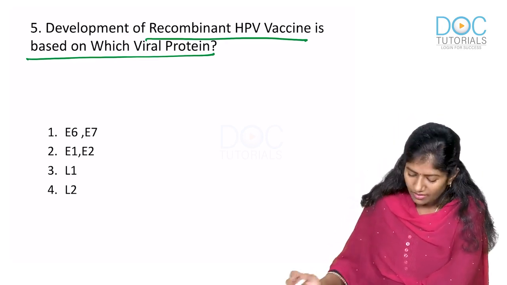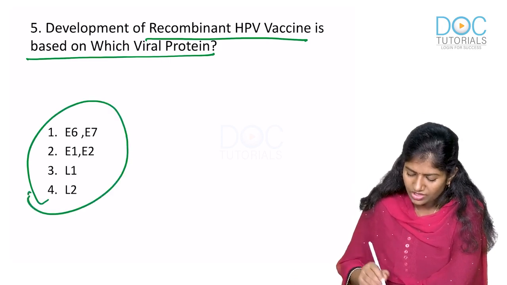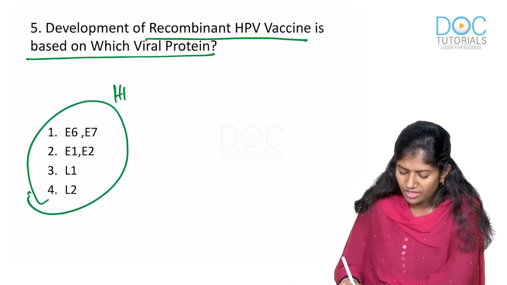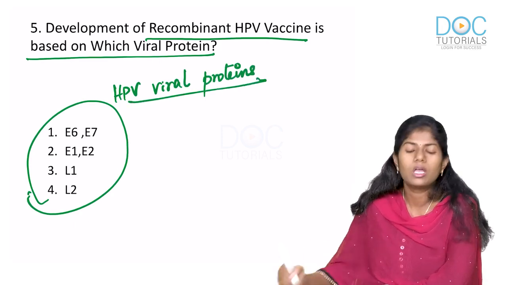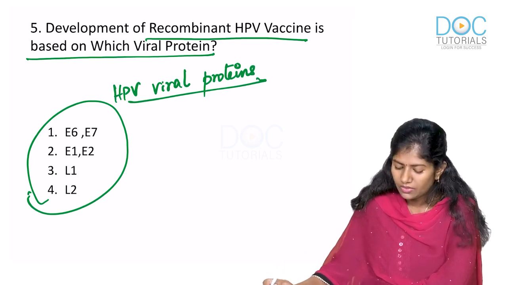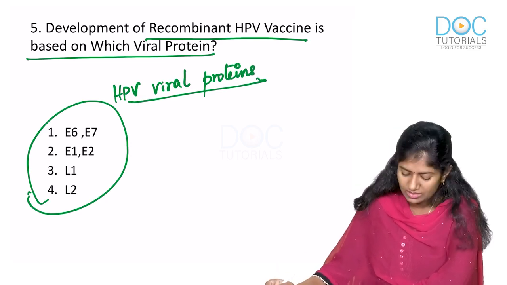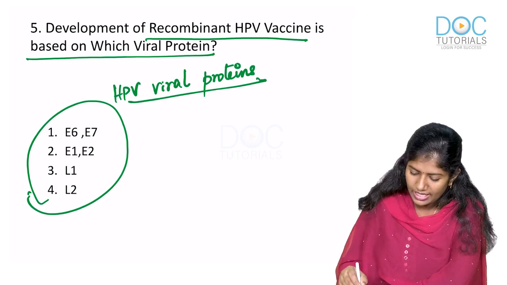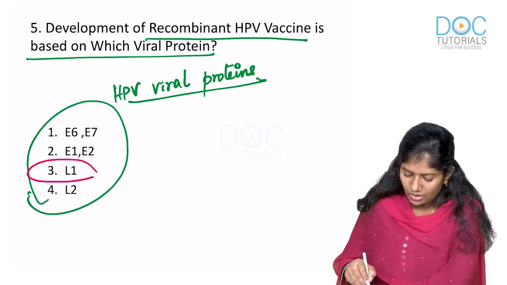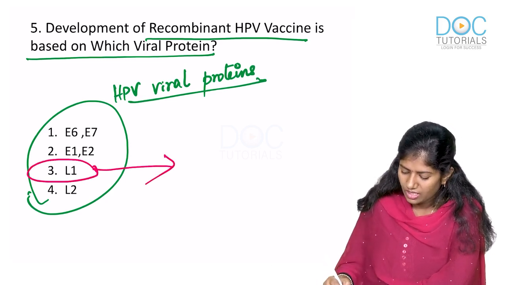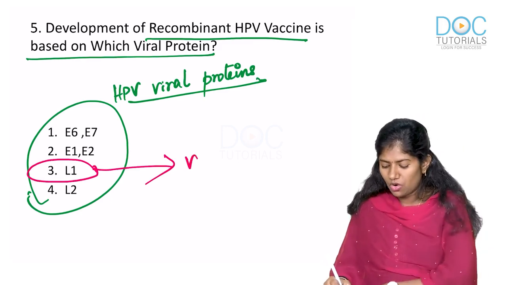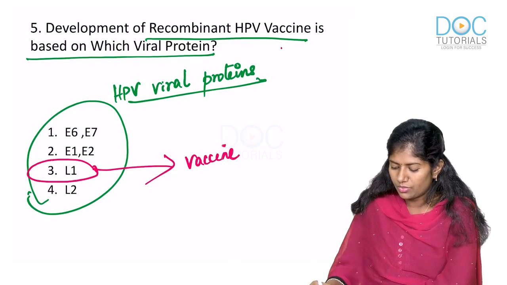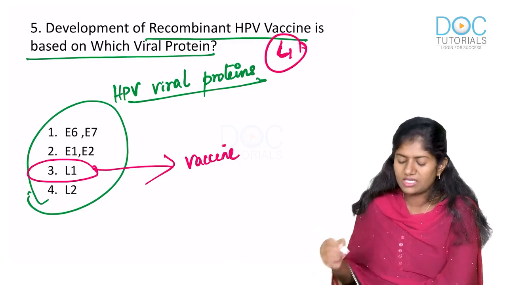All the proteins mentioned here are HPV viral proteins. Out of which the one that is related to the vaccine is L1. Very important MCQ point. It is based on L1. L1 is the protein which we use in vaccination.